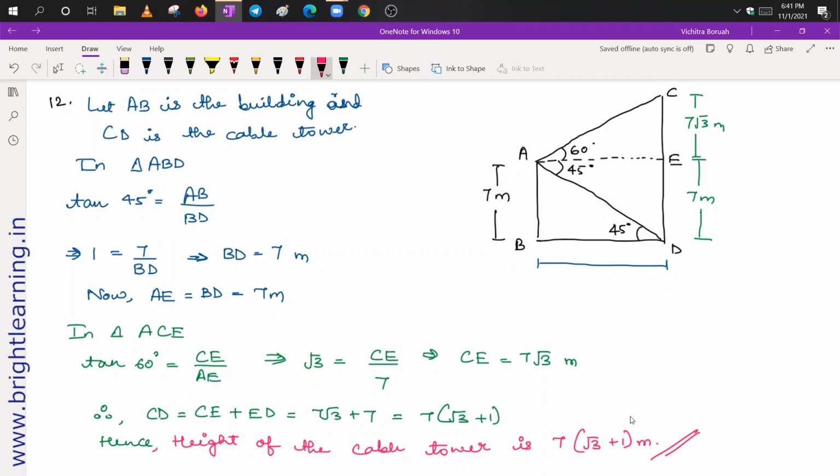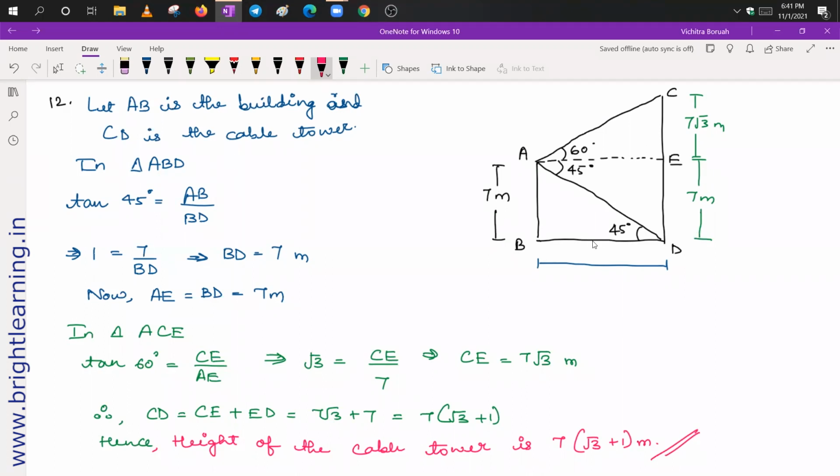So the question we were given is that from a 7 meter high building, the angle of elevation and the angle of depression to the top and foot of a cable tower are 60 degrees and 45 degrees. So we have to find the height of this whole cable tower. Now this distance is 7 meters, so this distance will also be 7 meters.